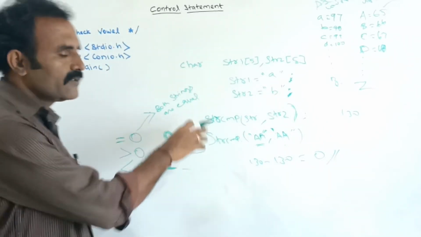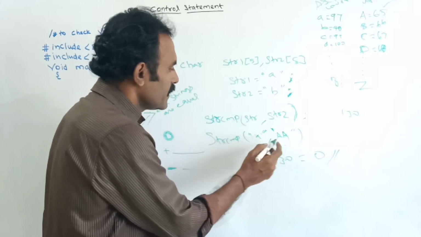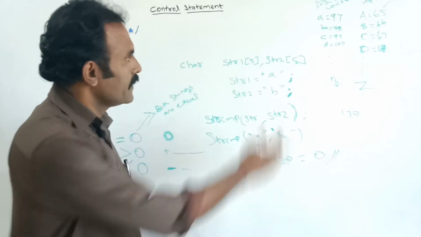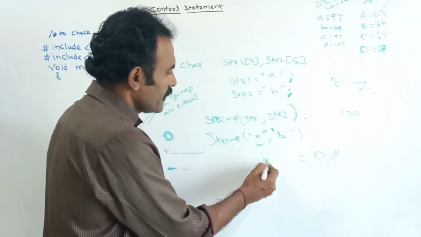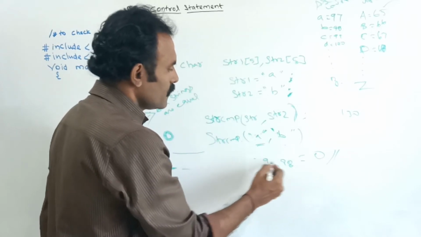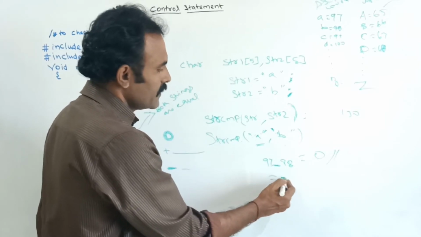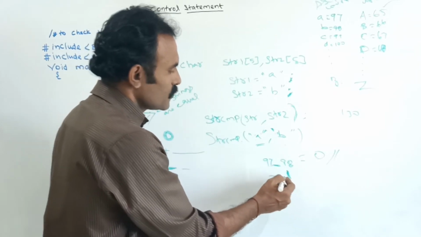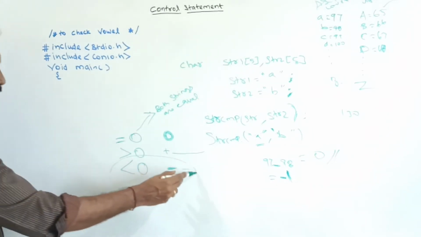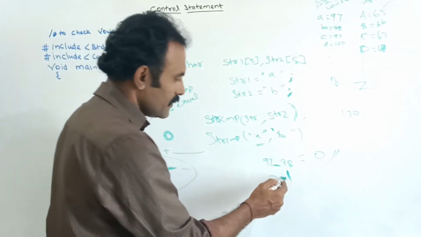If we compare these two strings, small a with small b, what is the ASCII value of small a? 97, and 97 minus small b, which is 98. So 97 minus 98, what is the value? The value will become negative, that is minus 1. If it is minus 1, then it is lesser than 0, it comes as a negative digit.